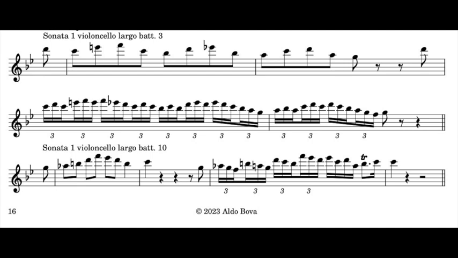For example, C, E. Or B, D. With D flat in this case, and A flat, C. Okay, and then when it is a fourth descending, the triolet is perfect. F, E, D, C.